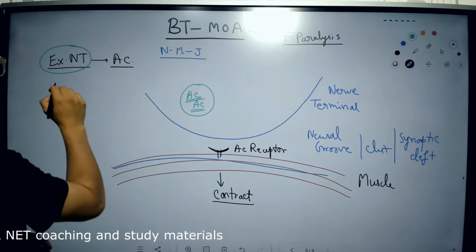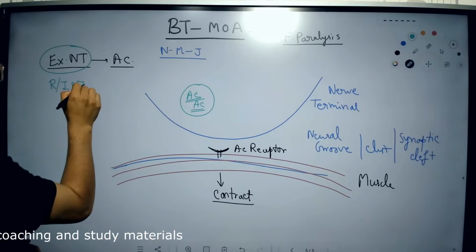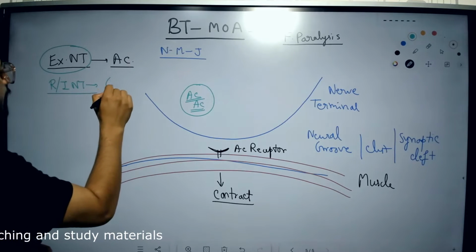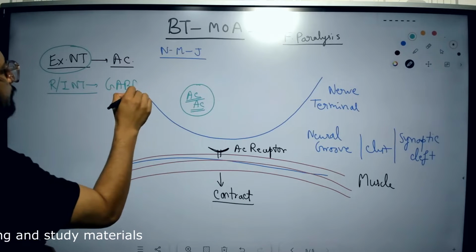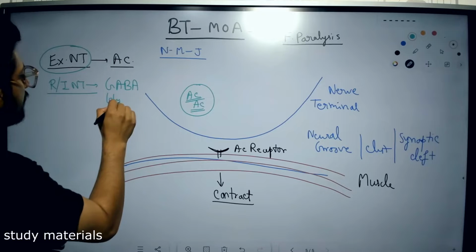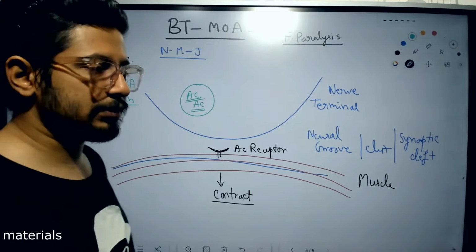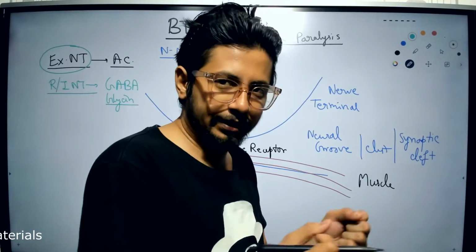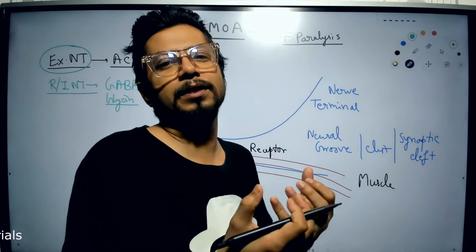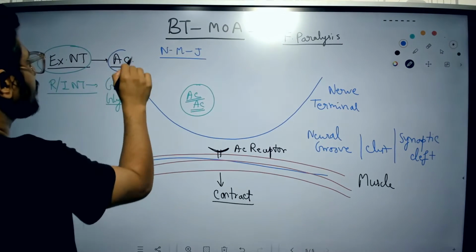There are other neurotransmitters known as repressor or inhibitory neurotransmitters, for example GABA, gamma aminobutyric acid, or glycine. These prevent muscle contraction and allow the muscle to be relaxed. But our concern here is acetylcholine.